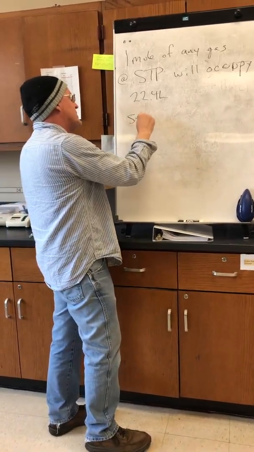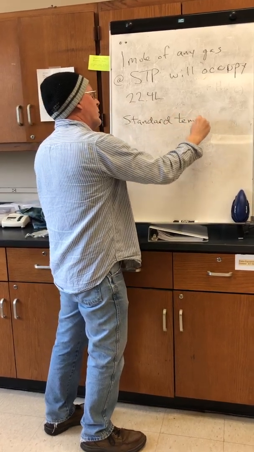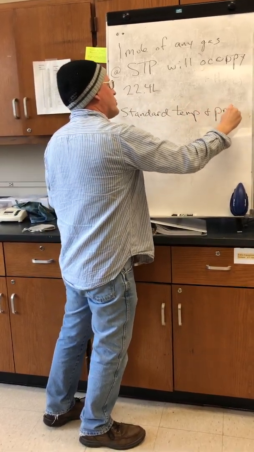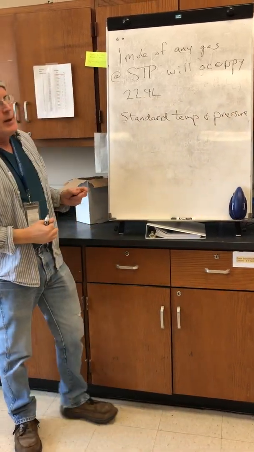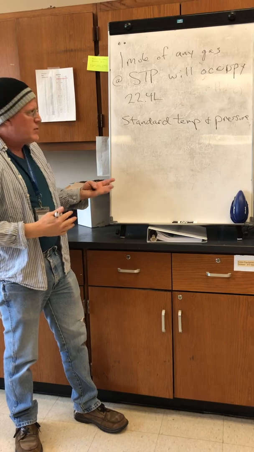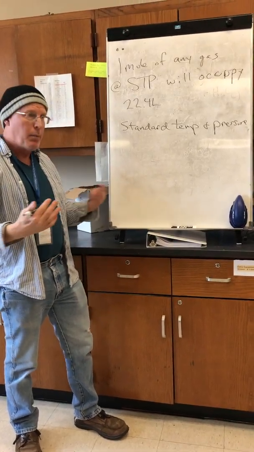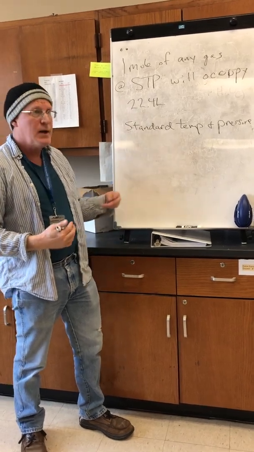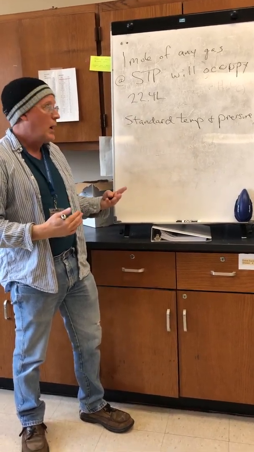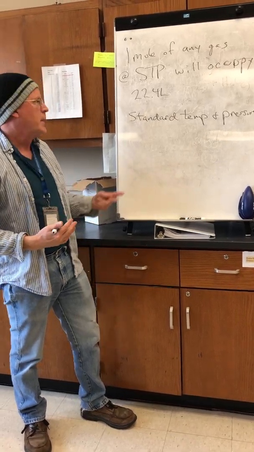Standard means some sort of value that everybody would use to be able to compare their results against each other. If we all select a standard temperature, we can compare our results and see if they're similar or not.